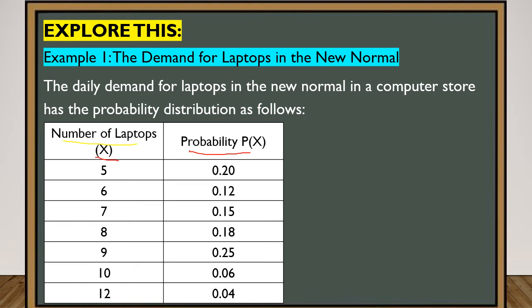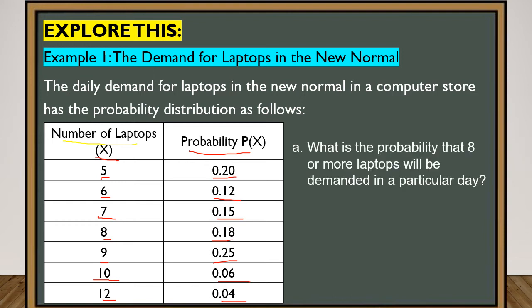For 5 laptops, the probability is 20 hundredths; for 6, 12 hundredths; for 7, 15 hundredths; for 8, 18 hundredths; for 9, 25 hundredths; for 10, 6 hundredths; and for 12, we have the probability 4 hundredths.